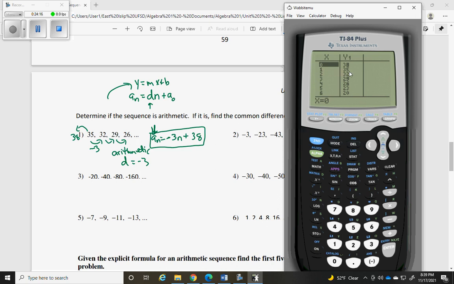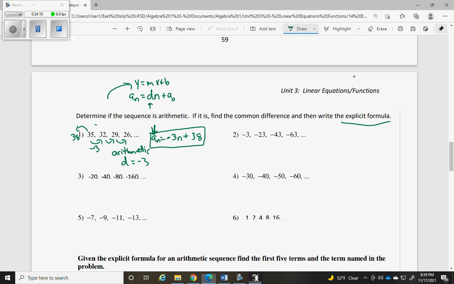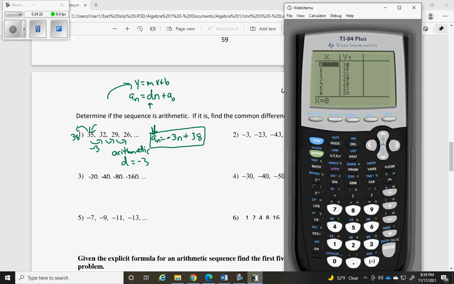And that first number here was a 35, right? The second number should be a 32. It is. And then the next number should be 29. It is. The next number should be 26. It is. So since my graphing calculator is showing the same list of numbers as what was here on my paper, I know that I wrote a correct formula. Pretty cool, right? It's showing me what my 0 term is. It's 38.